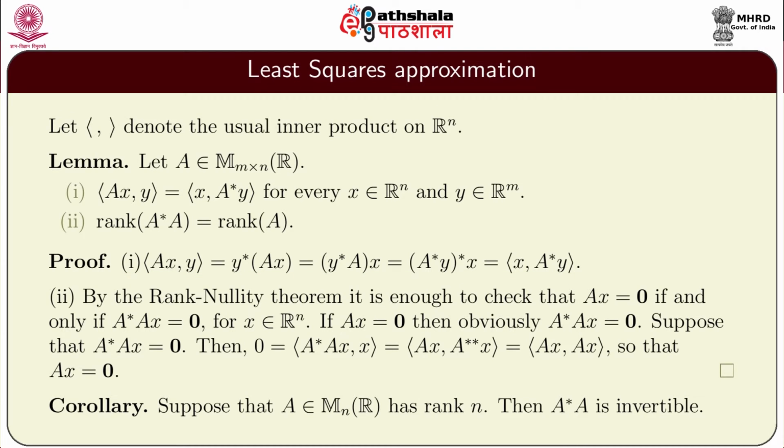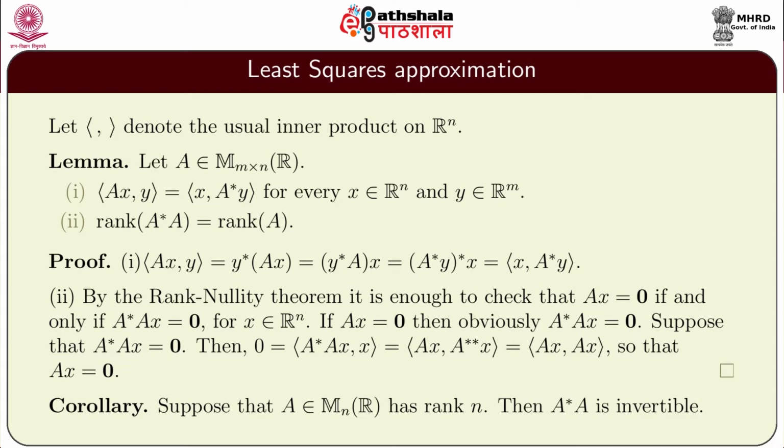And part 2. By the rank nullity theorem, it is enough to check that Ax is equal to 0 if and only if A star Ax is 0 for x in Rn. Now, if Ax is 0, then A star Ax is 0.